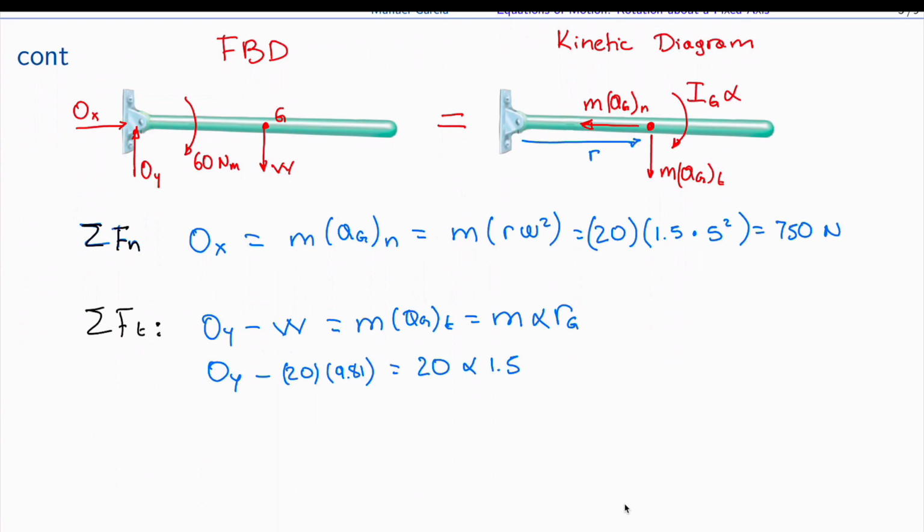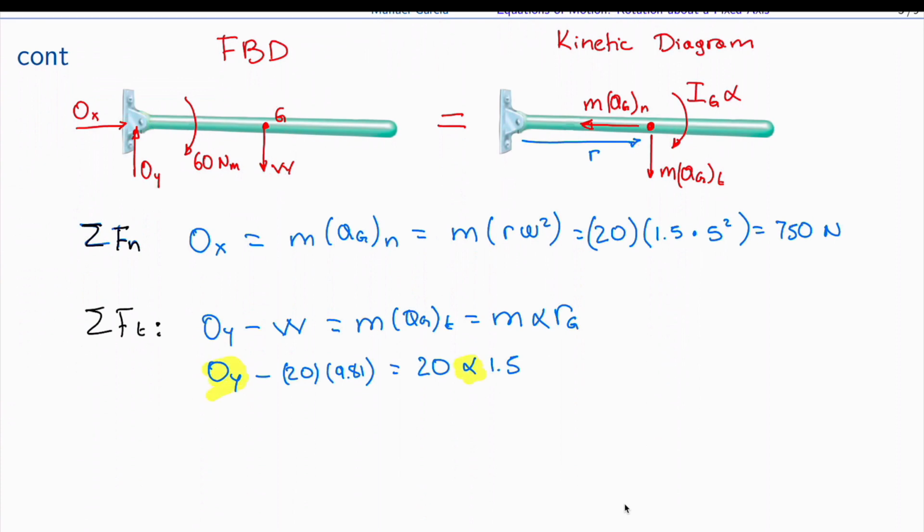So from the first equation, we can solve directly for Ox. So Ox is solved. But in this case, we have two unknowns. So we have Oy and we have alpha. So let me keep highlighted the unknowns that we have.